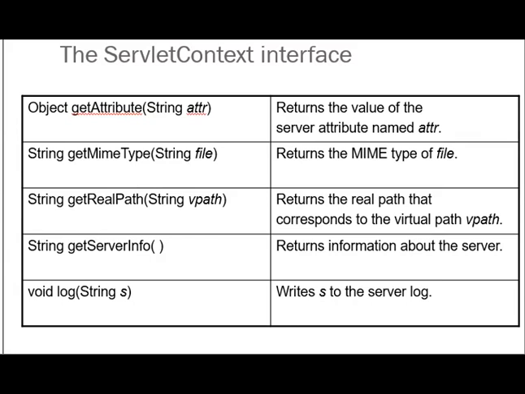In the real path, the entire path from the starting of the directory to this particular servlet will be returned. getServerInfo returns the information about the server, maybe the server version and its capacity, how long it is up, how many threads are free, how many are available in the thread pool. All those things can be returned. Then log. Log means the server can maintain a log, so it can write using this particular log.